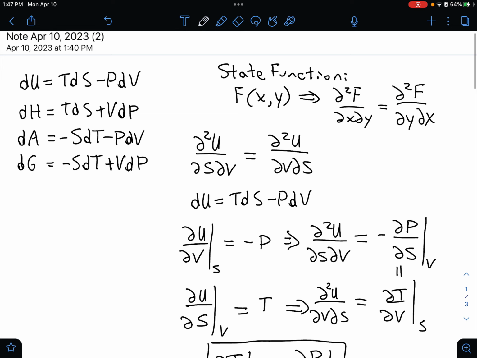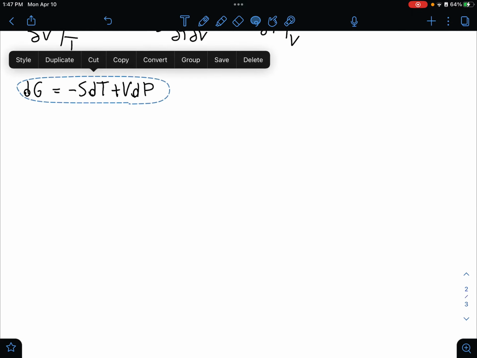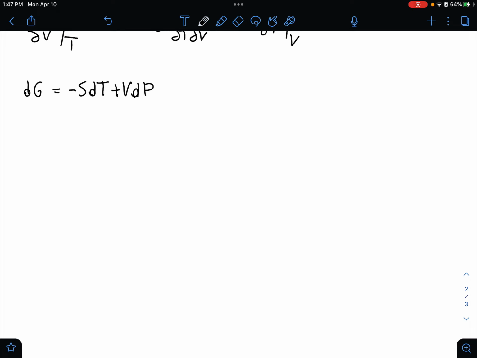Okay, the last one that we're going to get from this set of equations is from dG.